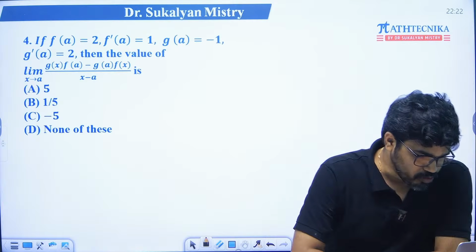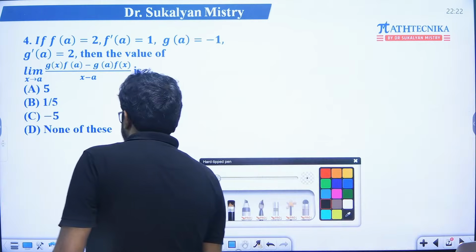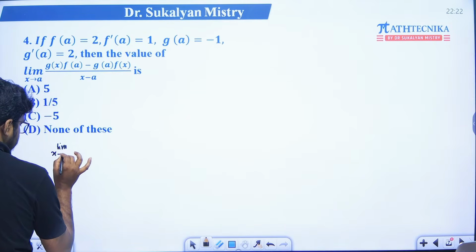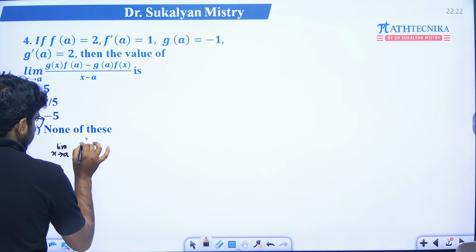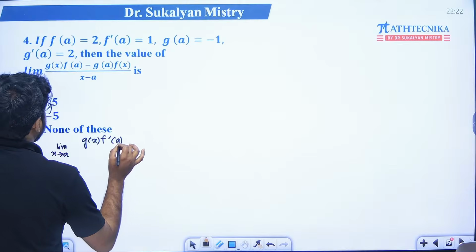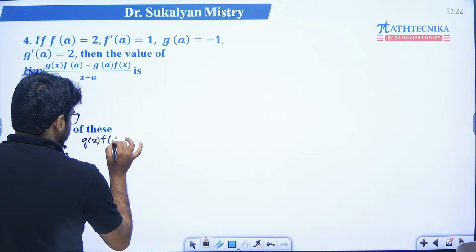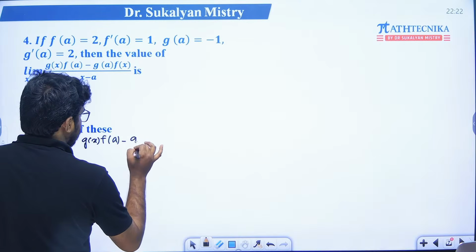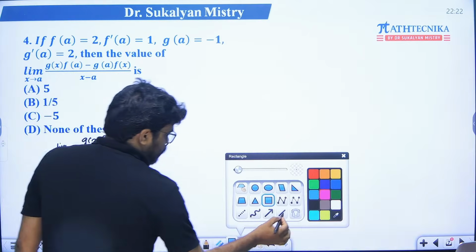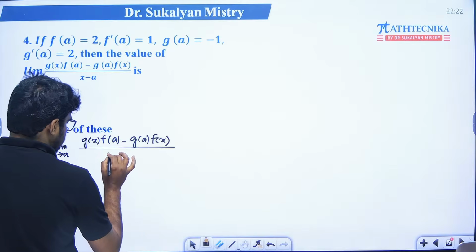See this. Here we have to calculate the limit as x tends to a of gx into fa minus ga into fx, divided by x minus a.